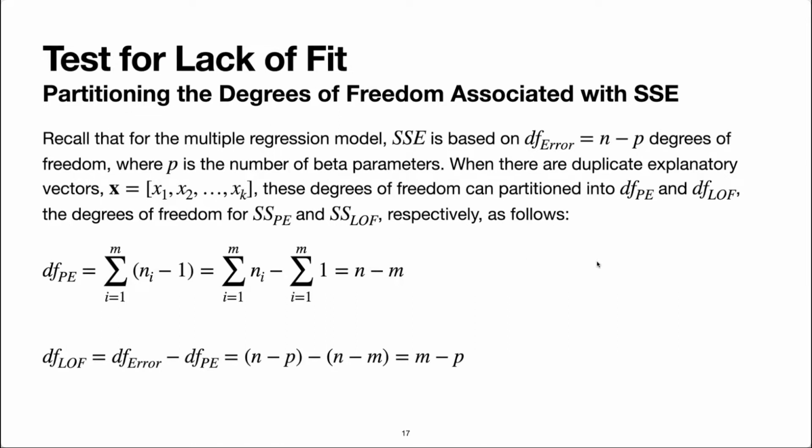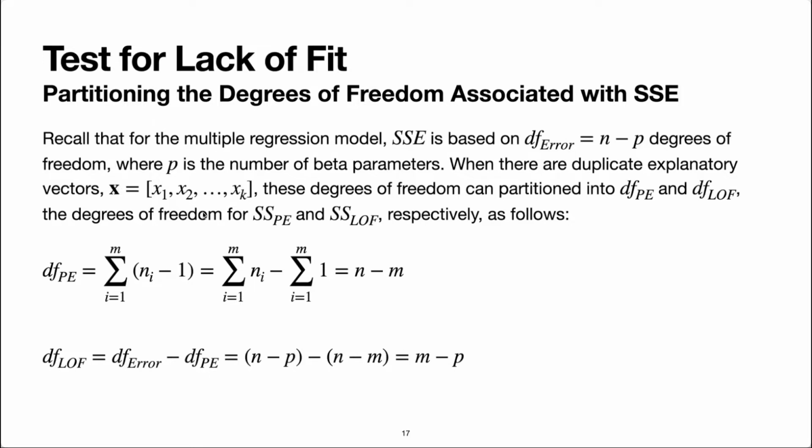Now, again, when there are duplicate explanatory vectors in this case, because when we have a multiple regression model, we don't have just a single explanatory variable, we have a vector of explanatory variables, and I'm denoting the vector by bold X, and the explanatory variables that comprise that vector x1, x2, and so forth up to x sub k.